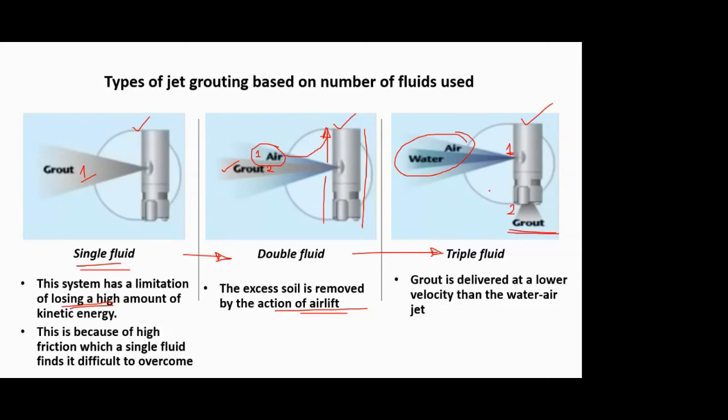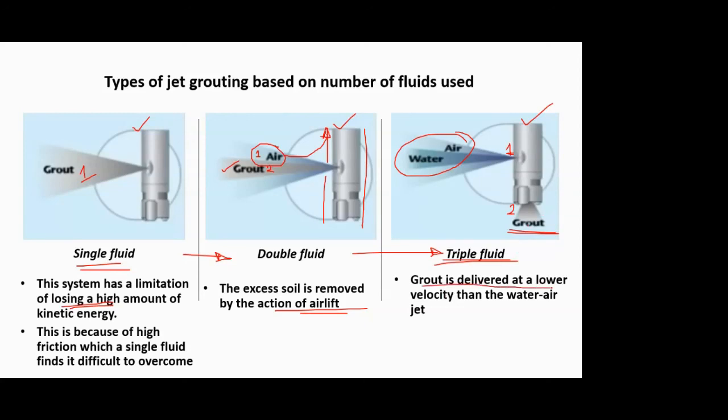So the process remains the same, only the way in which the fluids are used differs. In single fluid you have just grout, in double fluid you have air and grout, and in the third one you have water, air and grout. In the triple fluid type of jet grouting, you have to remember that this air and water is injected under high pressure, but you need not inject the grout at high pressure.